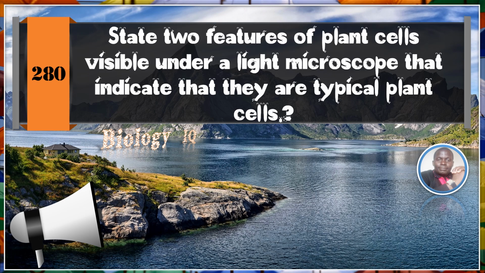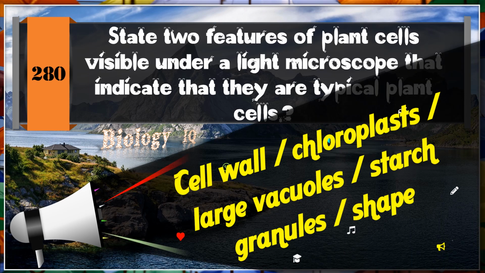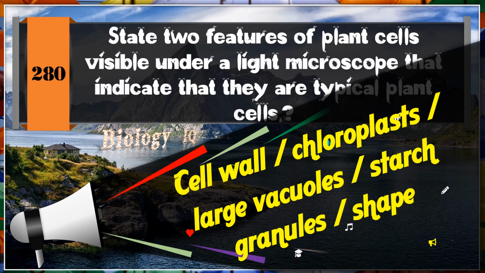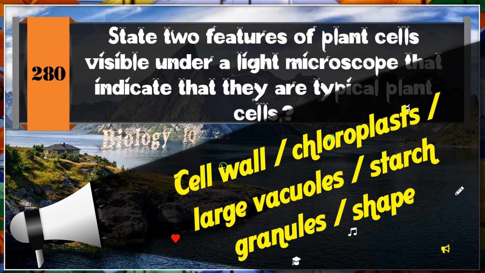State two features of plant cells visible under a light microscope that indicate that they are typical plant cells. Cell wall, chloroplasts, large vacuoles, starch granules, and the shape.